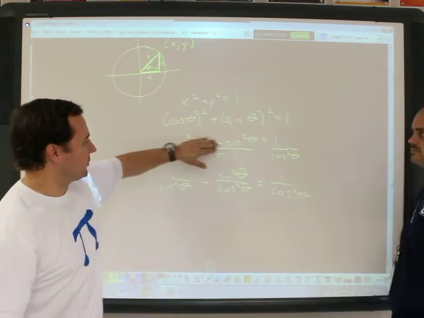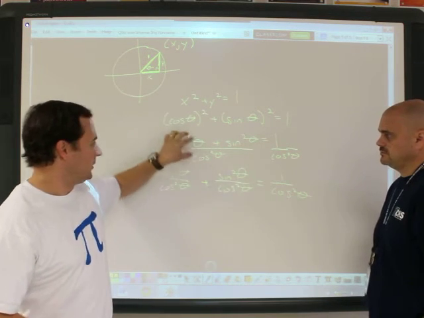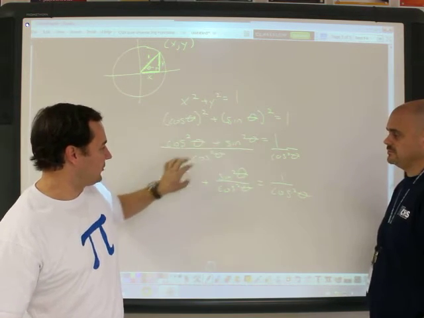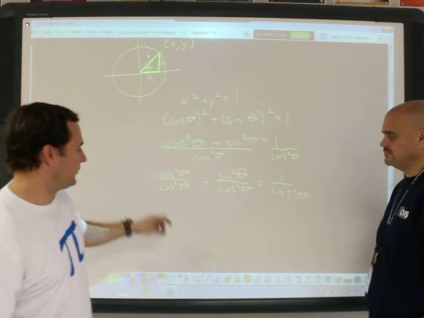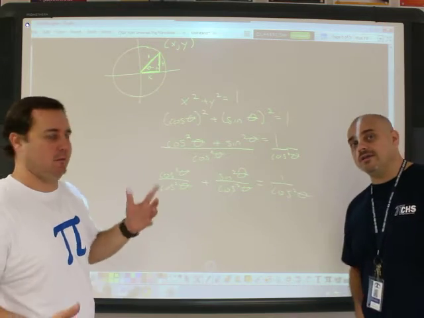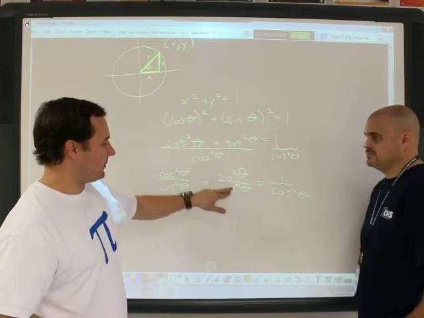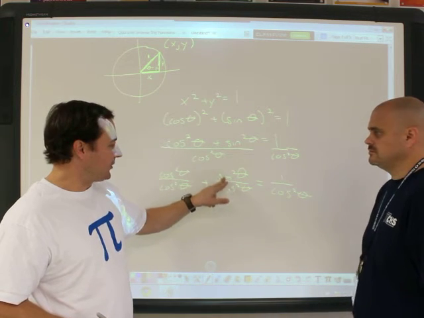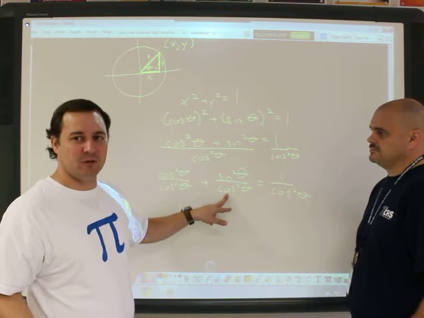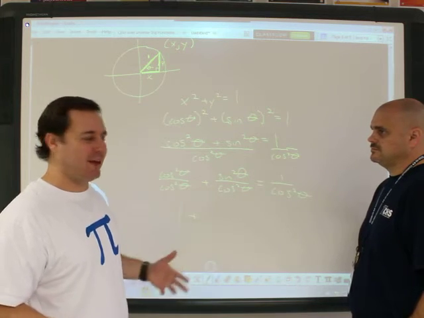So I had cosine squared plus sine squared equals 1. I divide everything by cosine squared. This giant fraction I can break up into two separate fractions. Now cosine squared divided by cosine squared is just 1. Anything divided by itself is 1. Sine squared divided by cosine squared: I know sine divided by cosine is tangent, so sine squared divided by cosine squared will give me tangent squared.